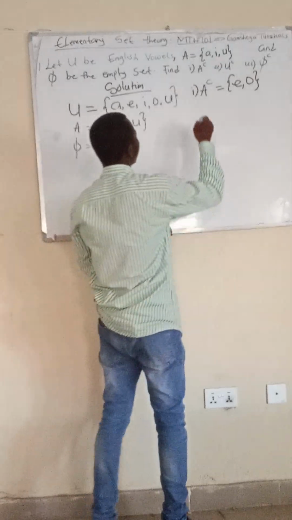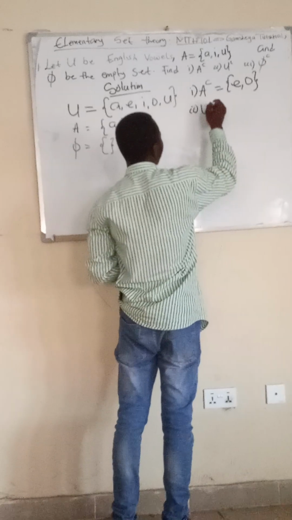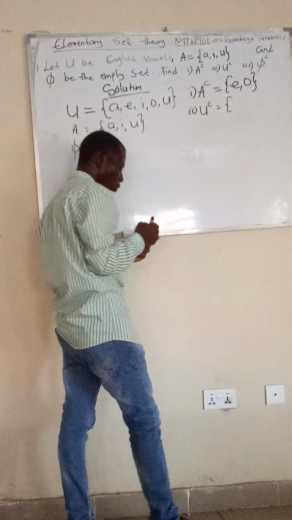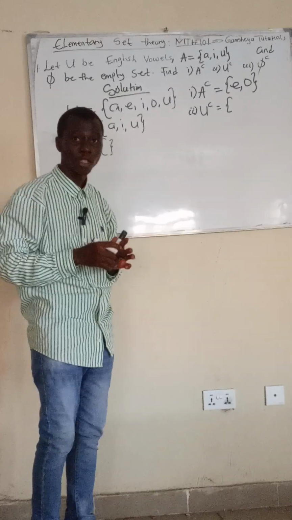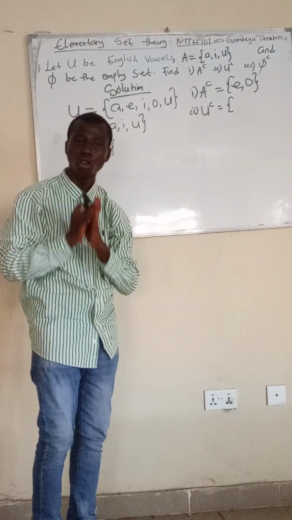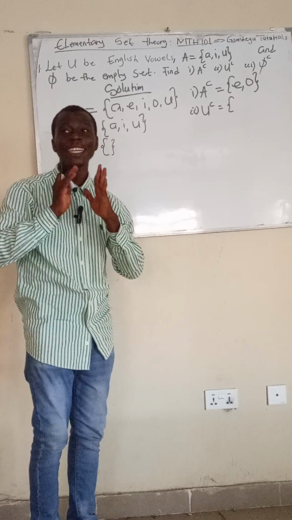Now let's quickly look at number 2. They said U complement. Now let's look at what U complement is. Don't forget that U is our universal set. So if you are taking the complement of a universal set, you're going to have an empty set.